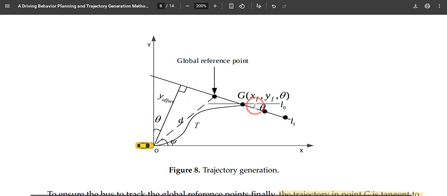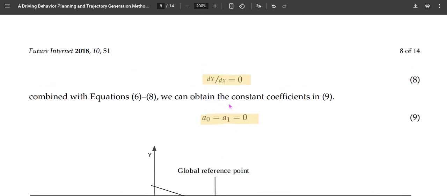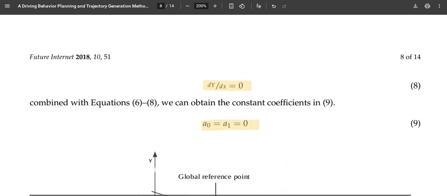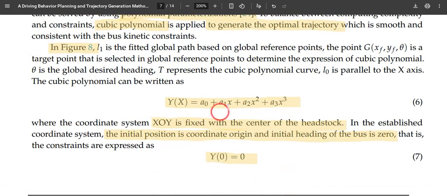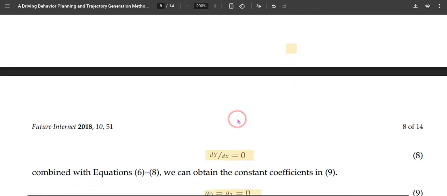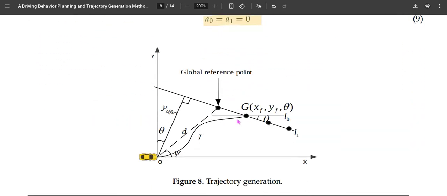So then a target point is fixed using the target point information like x, y, and theta values, and also how much offset from that reference path, and corresponding coefficients of these four coefficients are being identified using the geometrical information from these things.